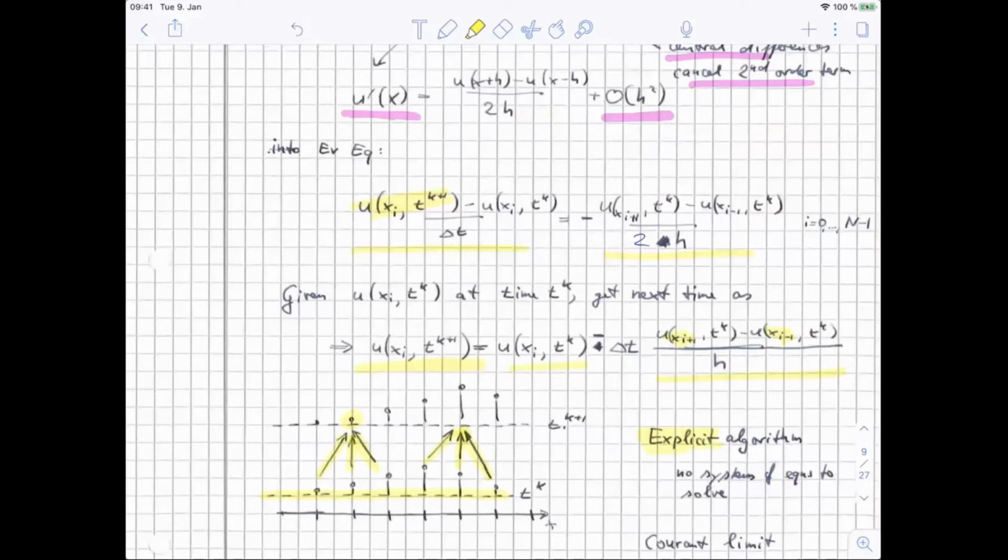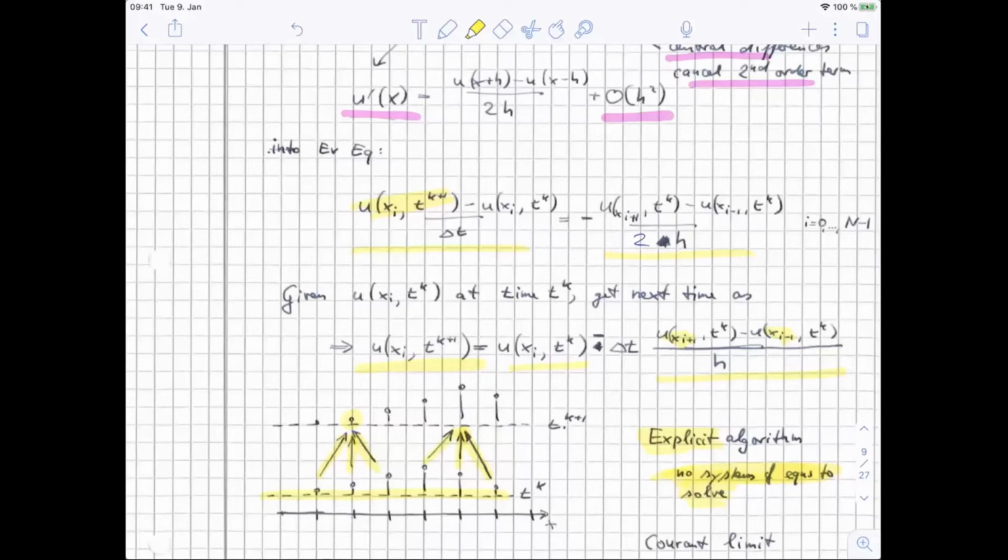We do not have systems of equations to invert. If you discretize elliptic equations, for instance, the fact that elliptic equations have boundary conditions everywhere and have to be solved all in one will then result in big linear systems of equations that must be solved. And that's a topic I won't get into today.